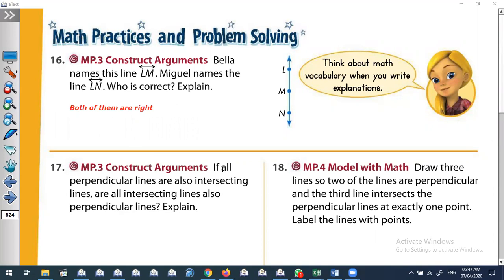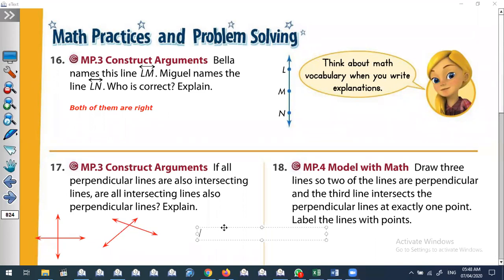Number 17. If all perpendicular lines are also intersecting lines, are all intersecting lines also perpendicular lines? Explain. Yes, all perpendicular lines are also intersecting because perpendicular lines must intersect at one point, like that. They must make a square corner. But not all intersecting lines are perpendicular, because these are intersecting lines but not perpendicular, since there is no square corner.